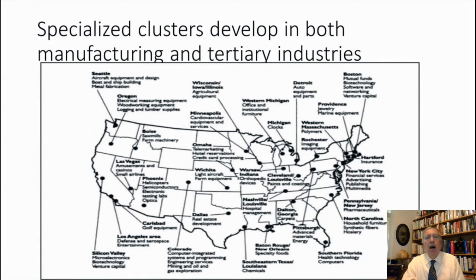But part of the idea of this is sometimes it's related to raw materials. So if we go out to Oregon, we see that one of their specializations is, of course, woodworking and woodworking equipment and logging equipment and so forth.